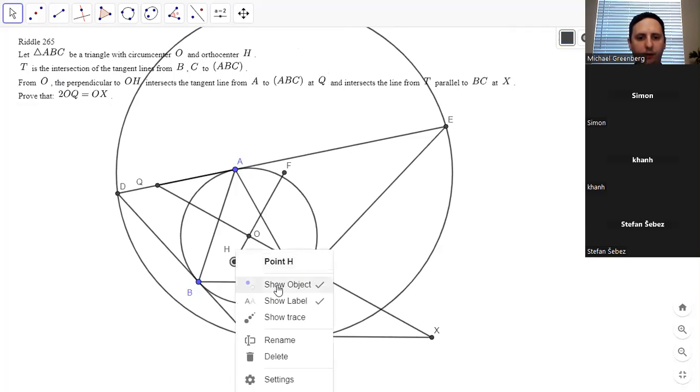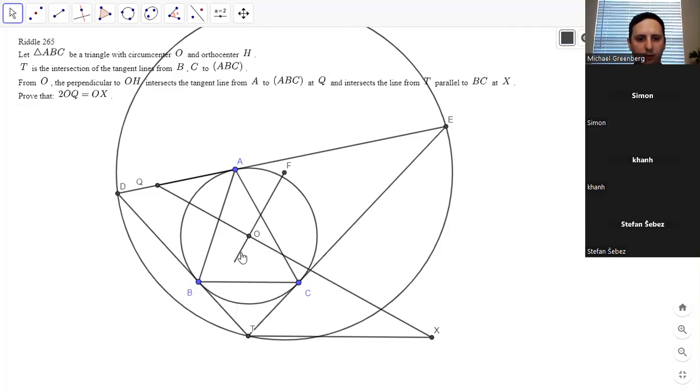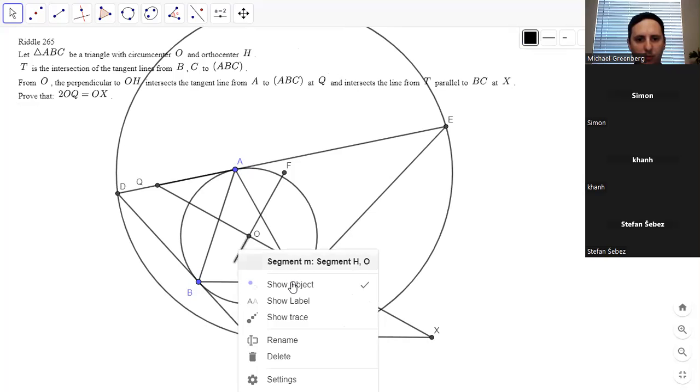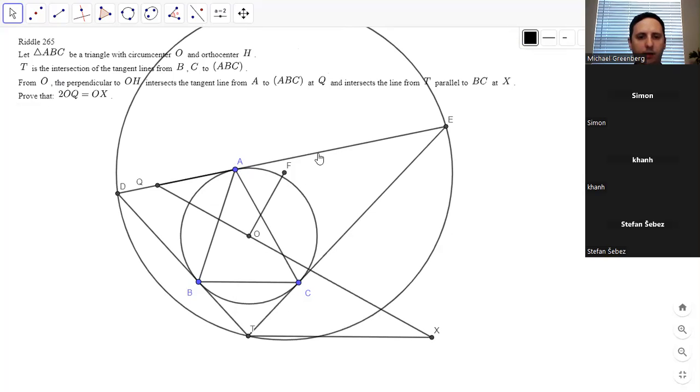So yeah, I'll hide H for now, like you mentioned. So this is kind of like the line IO, and we draw the perpendicular, and we want to show that 2OQ is OX.